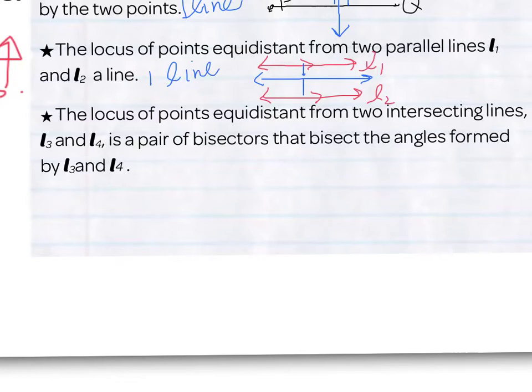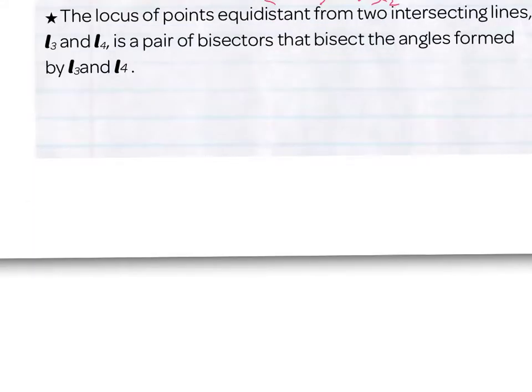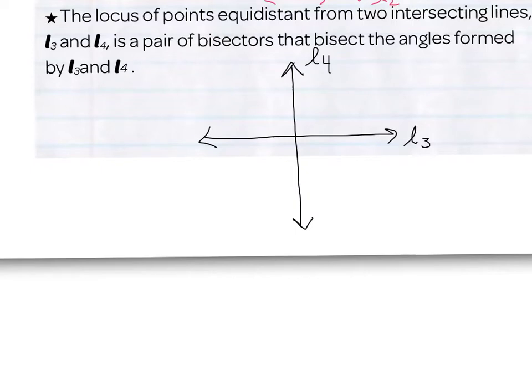And last but not least, the locus of points equal distance from 2 intersecting lines. So let's draw 2 intersecting lines. Are my 2 intersecting lines, L3 and L4, and you can call them X and Y if you want to, is going to be a pair of bisectors that bisect the angles formed by these 2 lines.